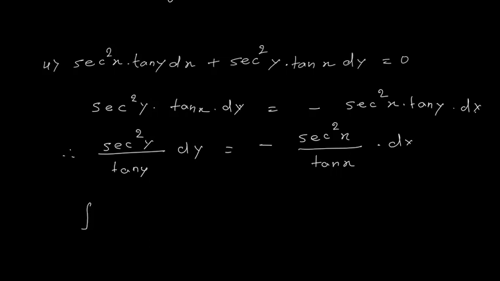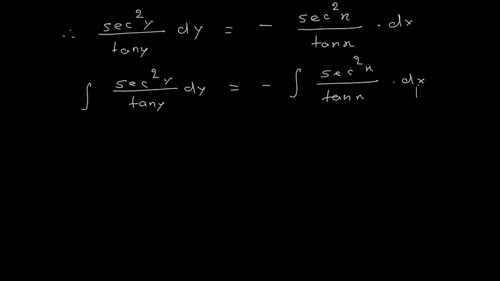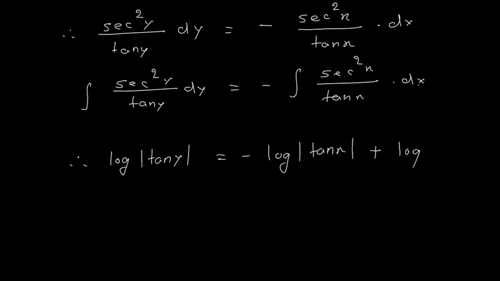So integration of sec square y upon tan y dy is equals to minus integration of sec square x upon tan x dx. Now sec square y is derivative of tan y. So directly we can say, therefore here its integration is log of tan y is equals to minus log of tan x plus there is some constant, so better take constant as log c.